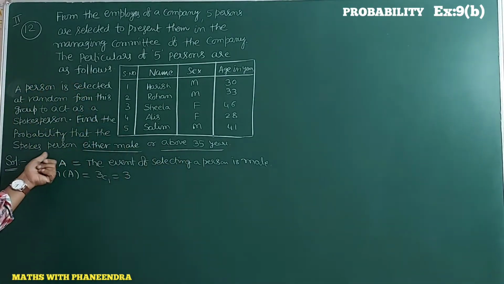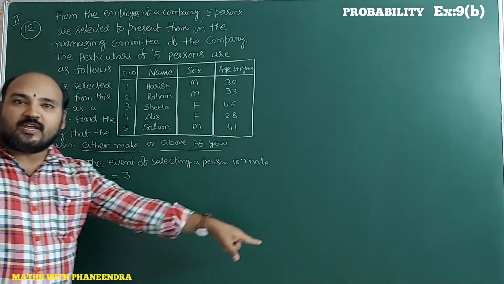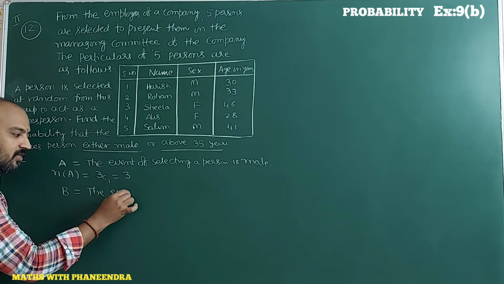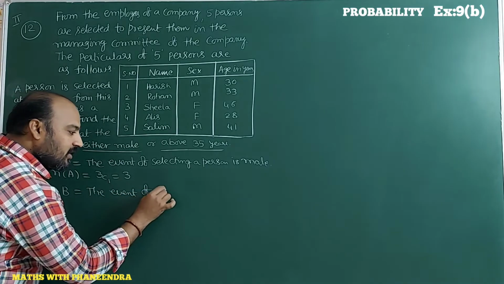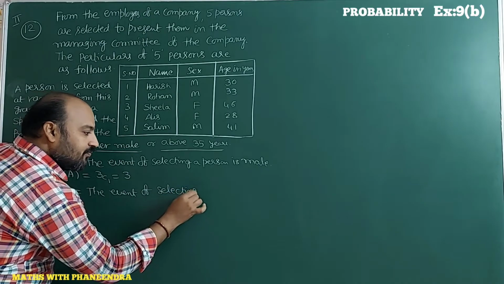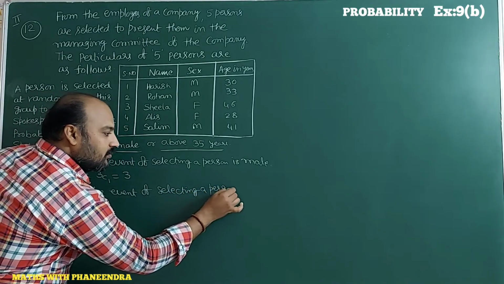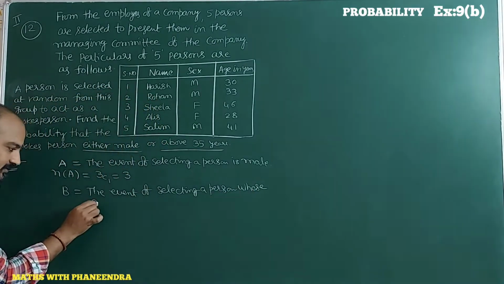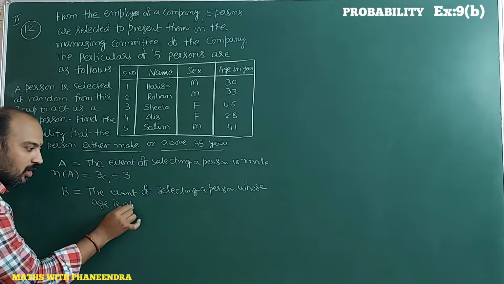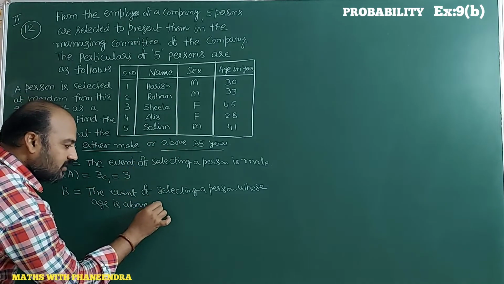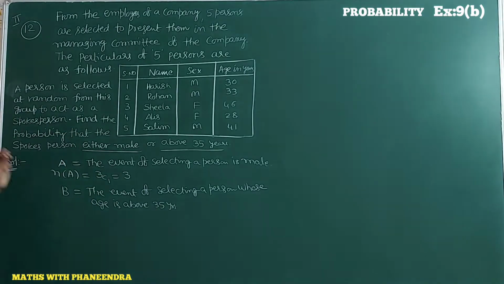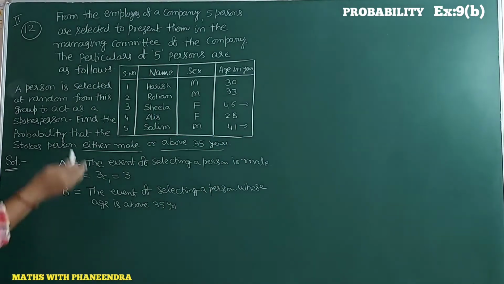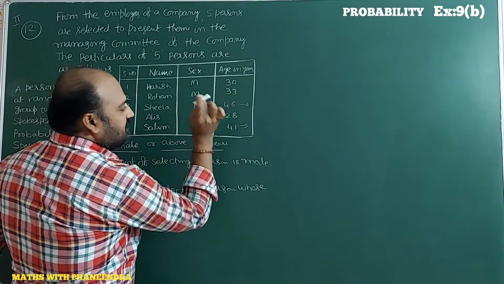The spokesperson above 35 years. B the event of selecting a person whose age is above 35 years. 35 years above, here and here. 35 above years. 46 and 51.